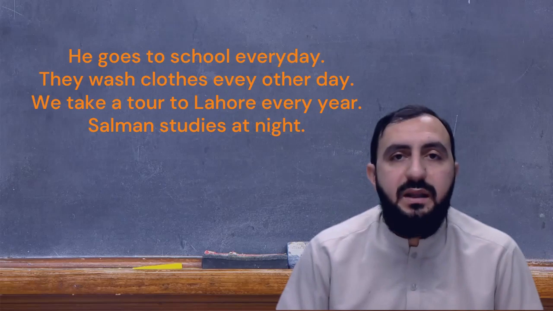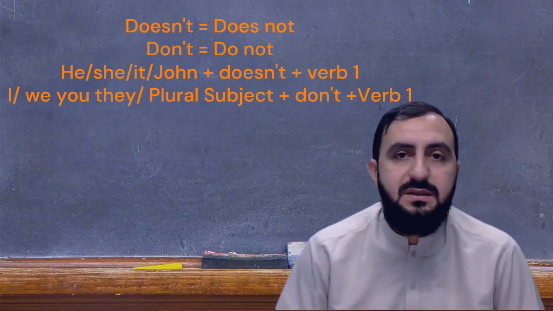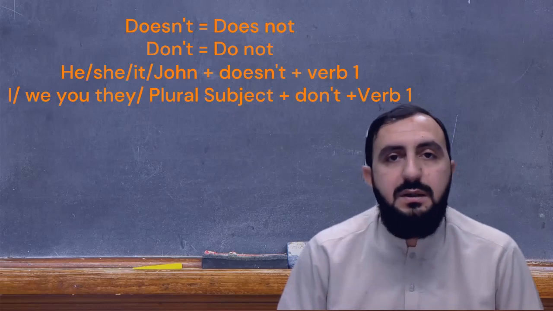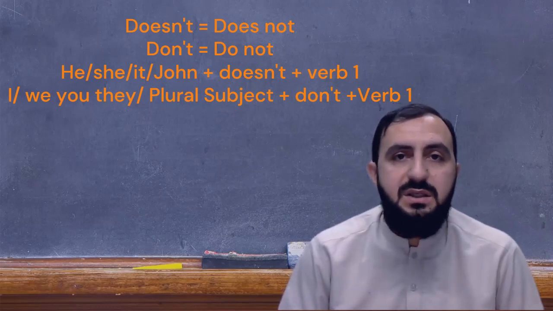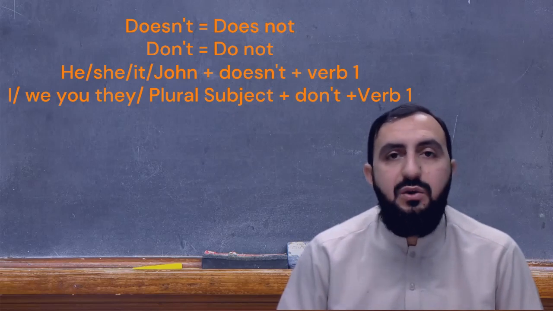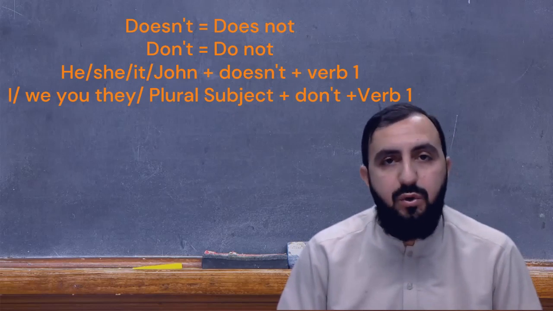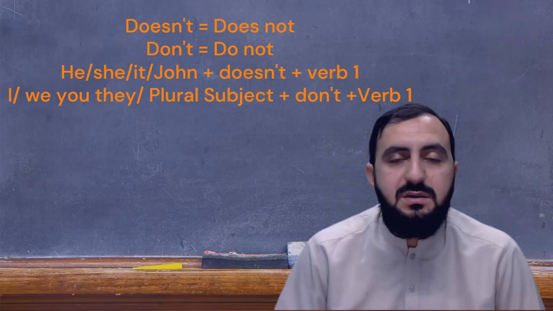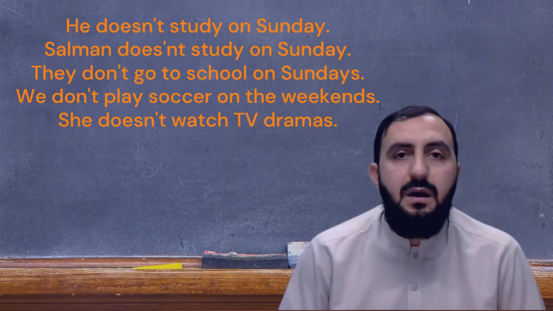If you want to make a negative sentence, we use doesn't or does not, and we use don't or do not. Doesn't is used with the subjects he, she, it, or a singular name or a singular person. And don't is used with I, we, you, or they, or a plural subject. He doesn't study on Sunday.